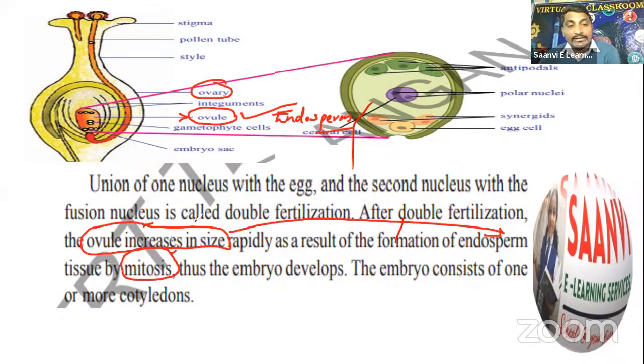The increase is taking place because of mitosis. Mitosis is nothing but a cell division which occurs by doubling in number. Due to the mitosis process, the ovule will increase and result in the formation of endosperm. The endosperm will store the food material which will help the ovule grow, and the embryo will develop.